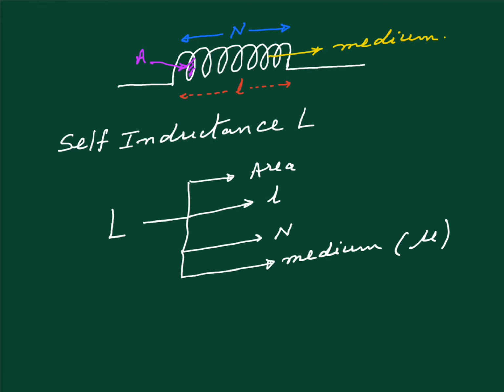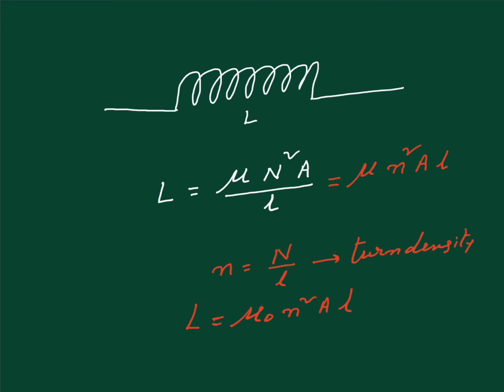Next, we know that the self-inductance of the coil depends on the area of cross-section, its length, the number of turns, and the medium along the axis of the coil. Now, the formula for self-inductance is mu naught n square A by l, or mu naught small n square A l.